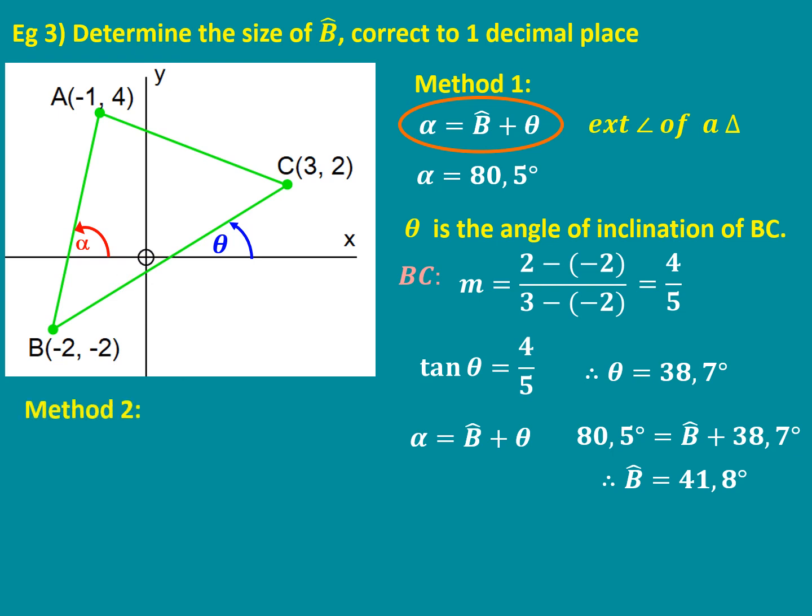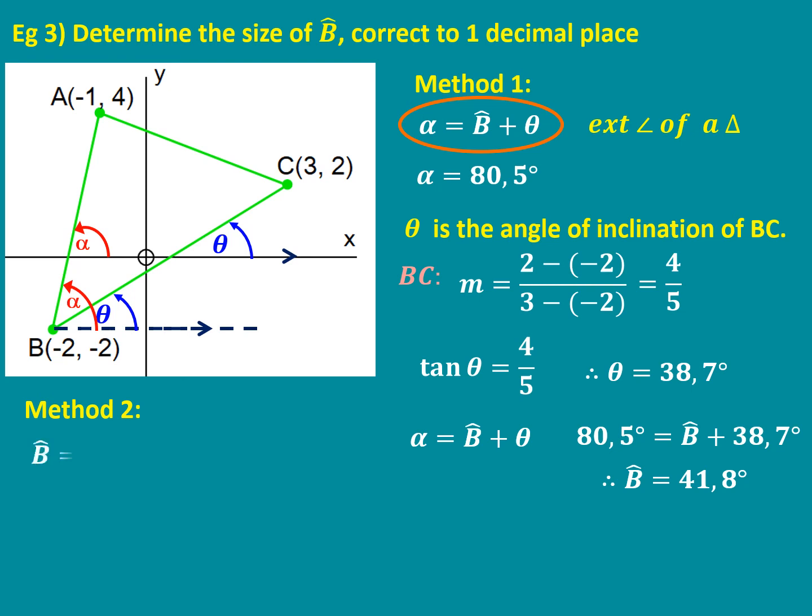In the second method, I still need these calculations, but I look at it slightly differently. I'm going to construct a line parallel to my x-axis, coming from B. If I've got parallel lines, I can use corresponding angles, which means angle theta will be the angle between the parallel line and BC, and angle alpha will be the angle between the parallel line and AB.